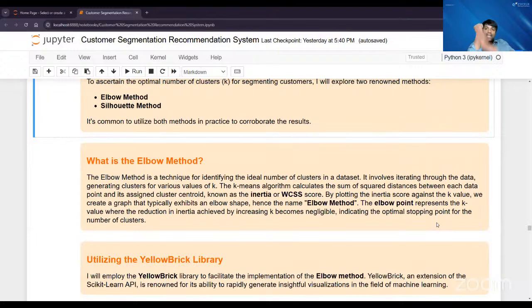Where the line comes down drastically in an elbow shape, that particular point will be your optimum number of clusters. You can identify that using the elbow method. Since the graph will be in the shape of an elbow, like your hand's elbow, it is given the name elbow method.